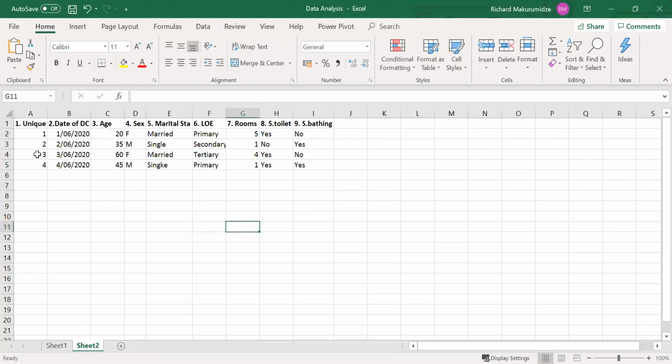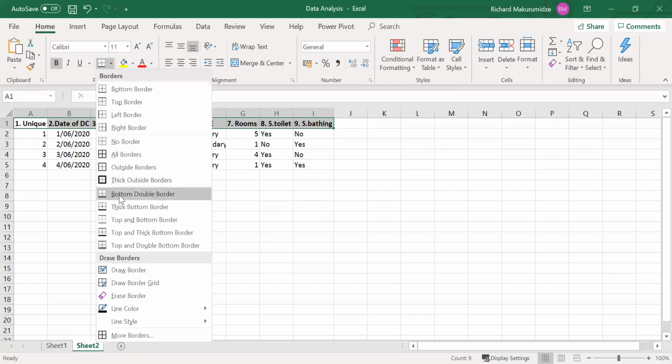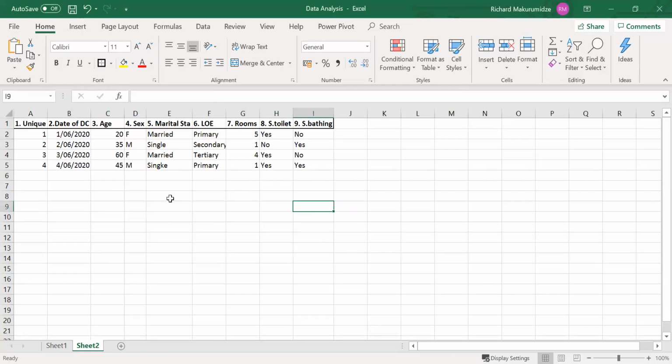So you do this whole process and you capture all your questions for all your questionnaires. If you've got 30 patients, it means you capture all the questionnaires from the 30 people, 1, 2, 3, up to 30, and you capture all these things.